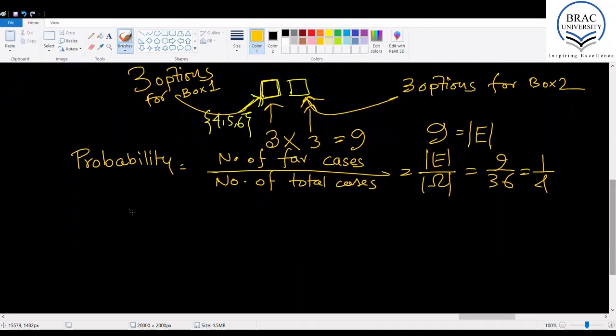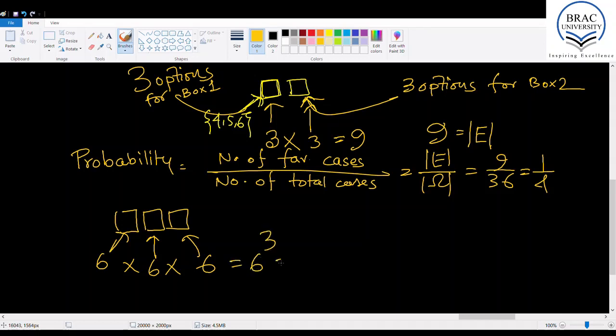If you roll 3 dice, then you will have 3 boxes to fill up, 6 options for each. So 6 times 6 times 6 equals 6 cubed, which is 216. This is what we were talking about, I told you 216 cells.